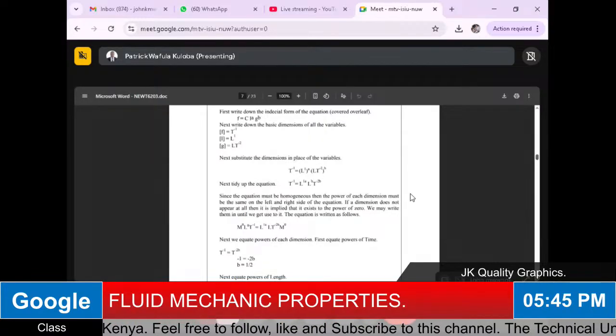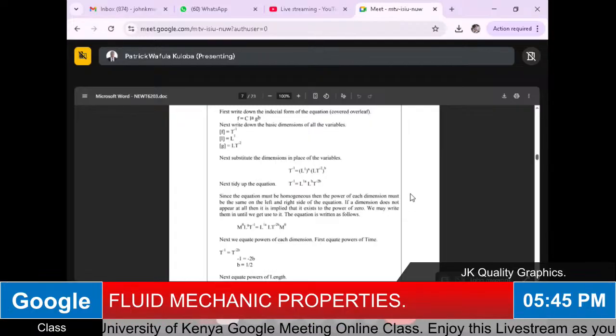So 0 is equal to A plus a half, leading to A is equal to minus half.